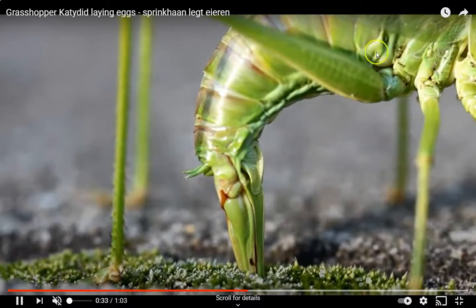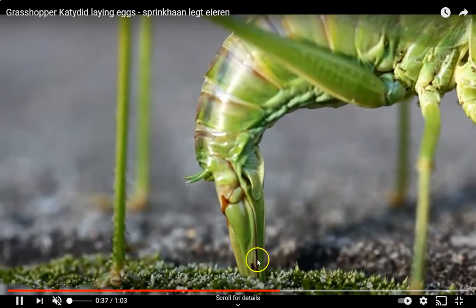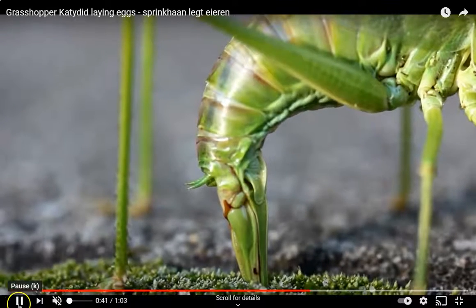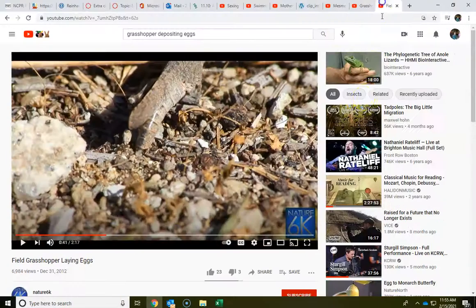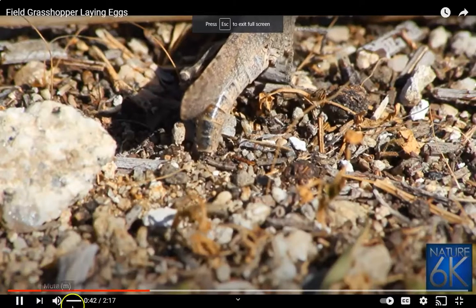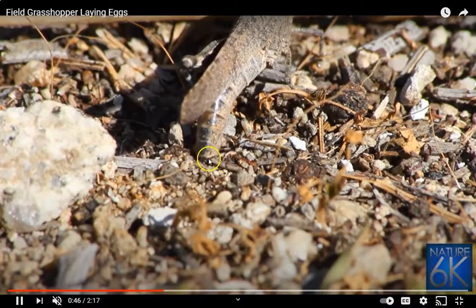There are some wasps that do this, and they inject their eggs into caterpillars. So ovipositor is not really unique to grasshoppers. There's a different type of field grasshopper. And it became obvious. See the ovipositor back on the tip of the abdomen.